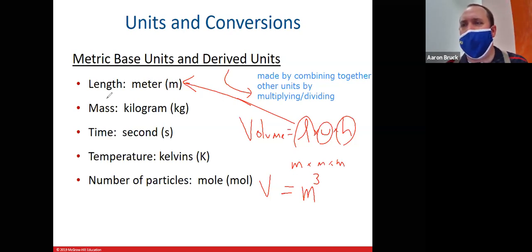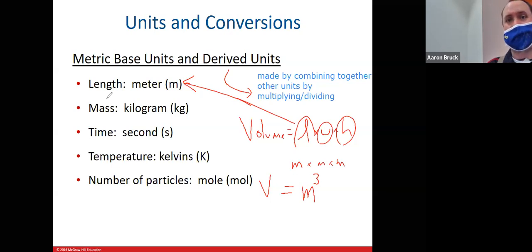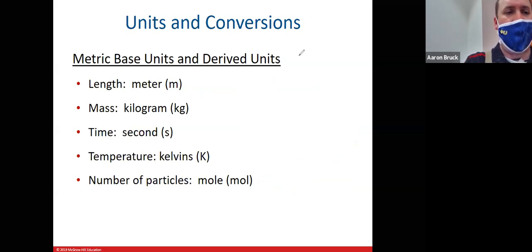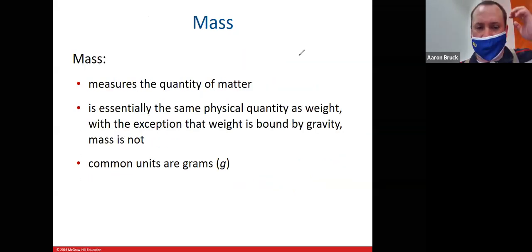If you're measuring work in terms of newtons, you have to take kilograms and meters and seconds and combine them together in a certain way to get that unit of force. Those are all derived units. And that's what makes a unit derived or underived.